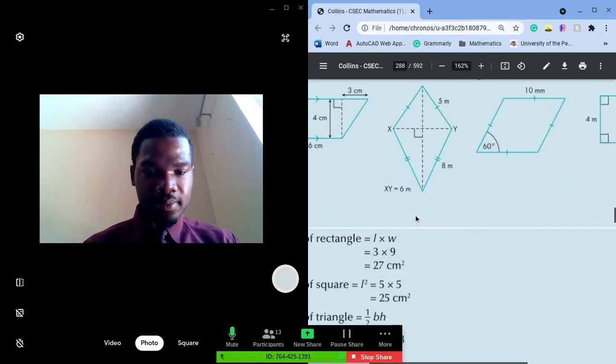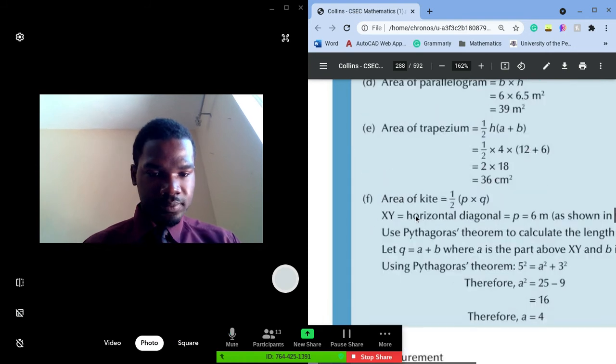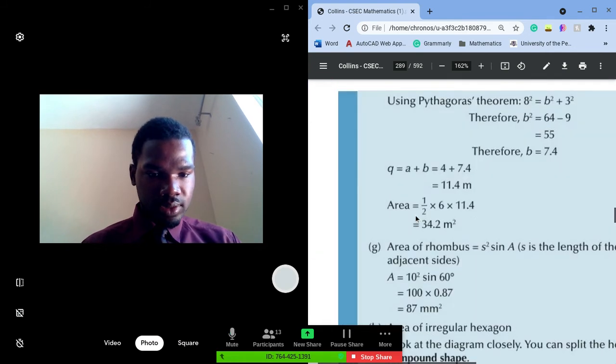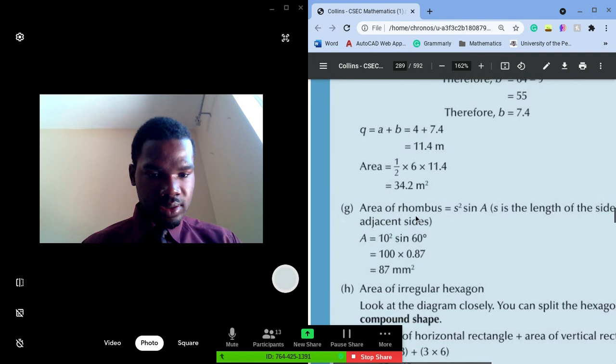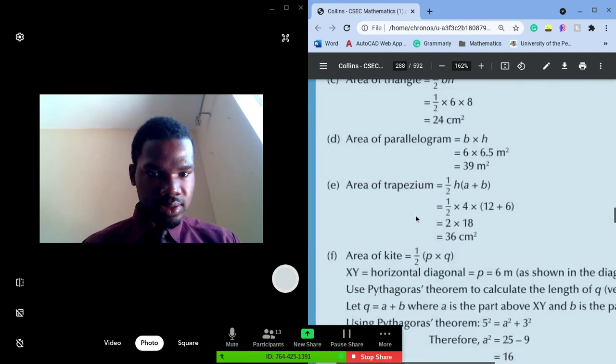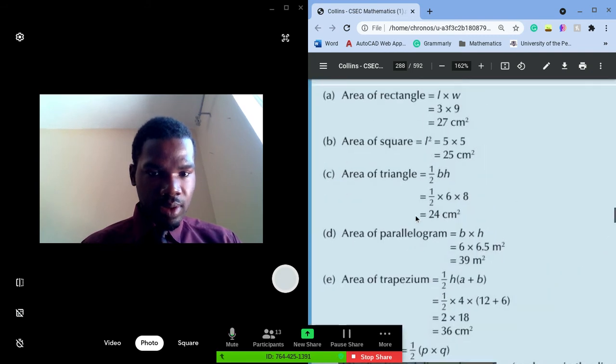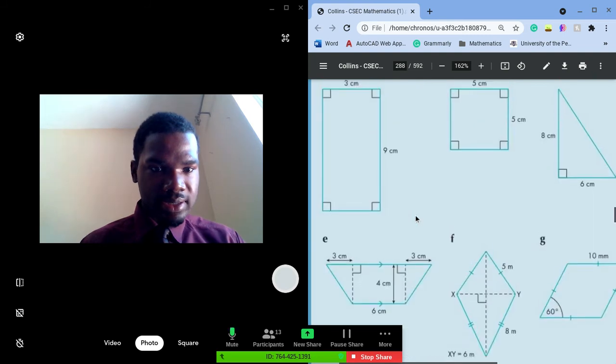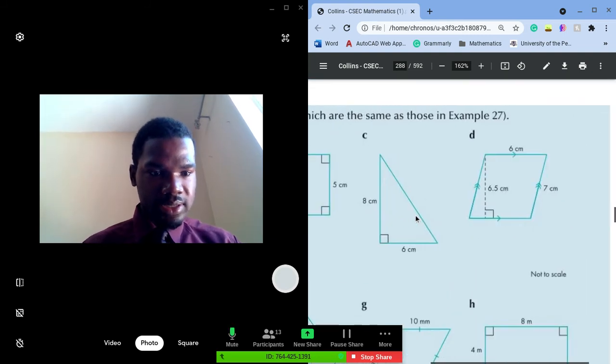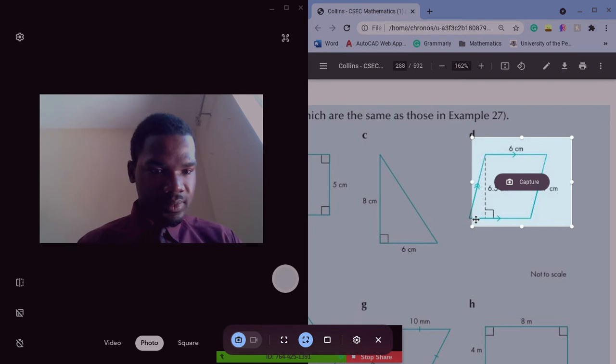Second step, let's go to D. Oh, I was on the wrong question. It's D. My bad. Here we go. This is the question. We haven't done the rhombus as yet. That's the next one.